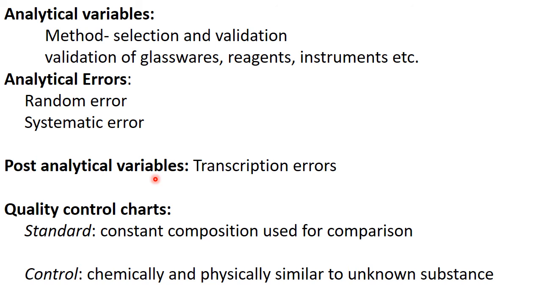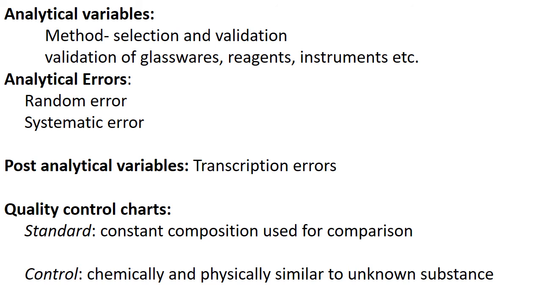With this we finish with the pre-analytical, analytical and post-analytical variables. Next, moving on to the quality control charts. Before knowing about quality control charts, we must understand some certain terminologies. The first one being standard.